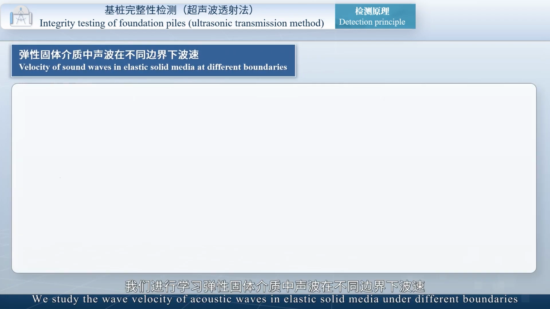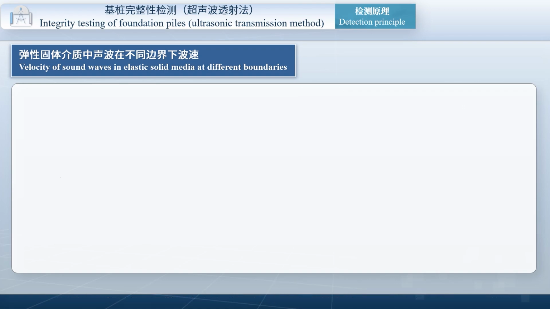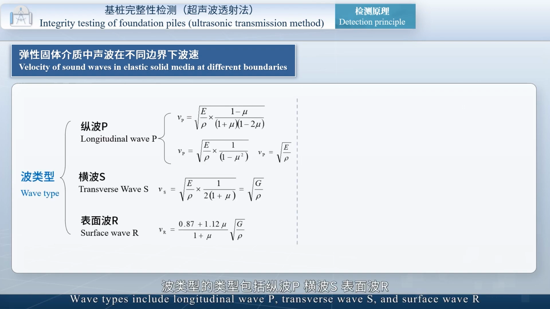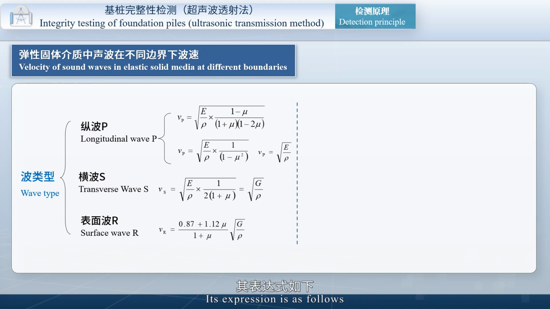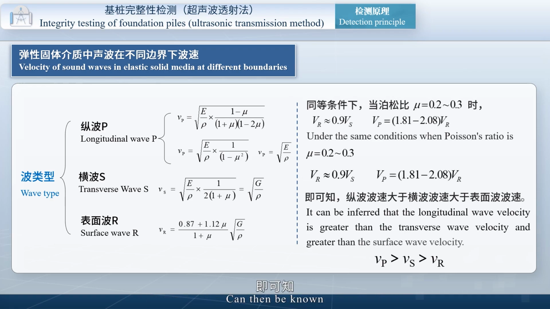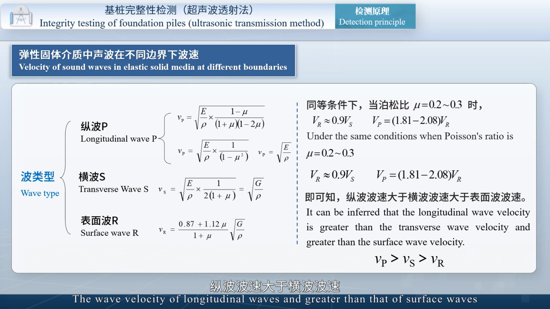Next, we study the wave velocity of acoustic waves in elastic solid media under different boundaries. Wave types include longitudinal wave P, transverse wave S, and surface wave R. Its expression is as follows. Under the same conditions, the wave velocity of longitudinal waves is greater than that of transverse waves, which is greater than that of surface waves.